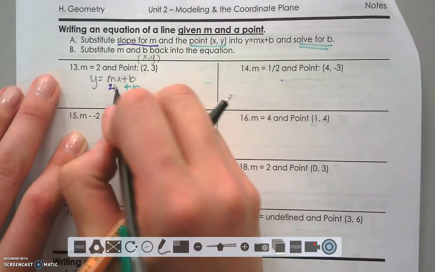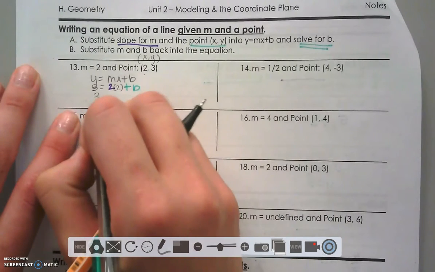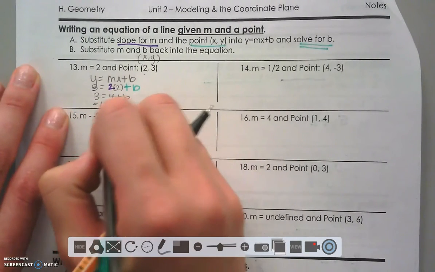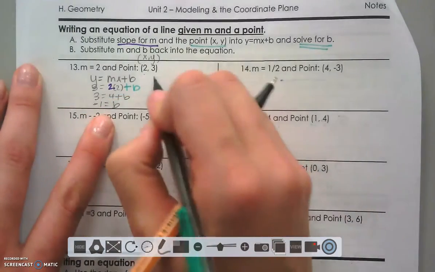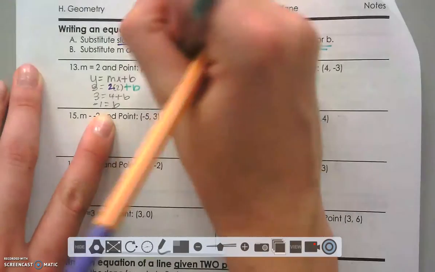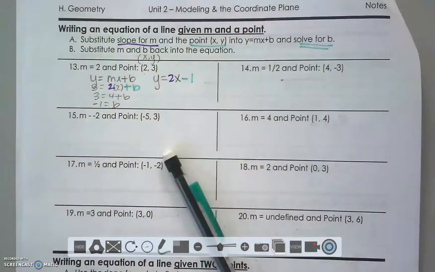So this is going to be 2 equals 3. So that's 3 equals 4 plus b. So negative 1 equals my b value. So if I write this, that's 2y equals 2x minus 1. All done.